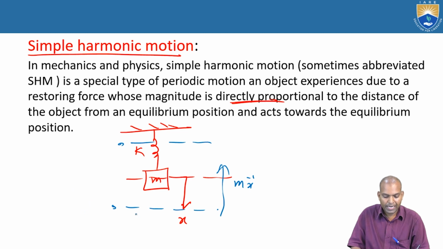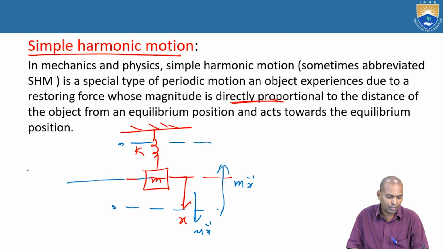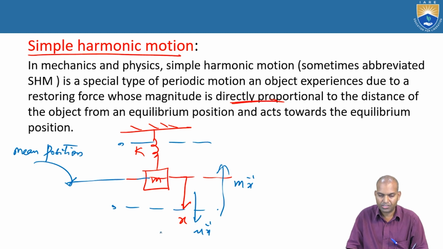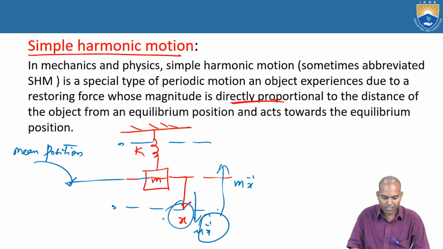It always acts in opposite to the active force, that is m into x double dot. Now the force on this mass is always directed towards the mean position, the equilibrium position, and also it is proportional to the displacement x. The acceleration is proportional to the displacement x.